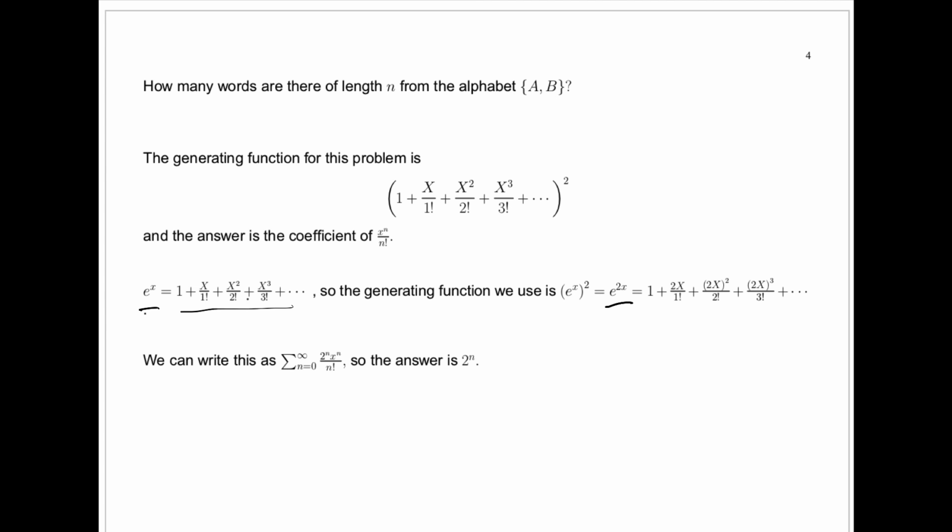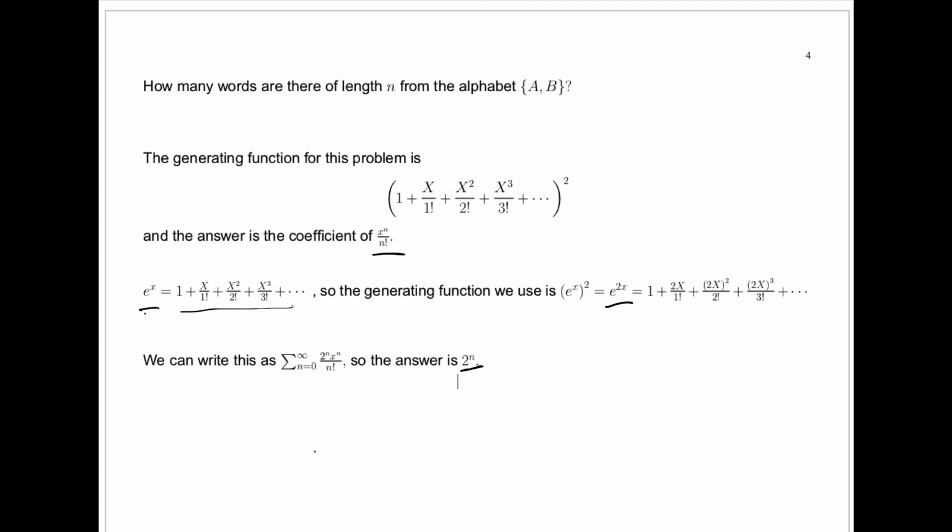We just plug in 2x in place of x in the series for e to the x, and we get 1 plus 2x over 1 factorial plus 2x squared over 2 factorial, etc. But that can just be written as a sum from n equals 0 to infinity of 2 to the n x to the n over n factorial. We just factor that 2x squared is 2 squared x squared. Here we have 2 cubed x cubed, etc. The answer to the question is the coefficient of x to the n over n factorial, which is exactly 2 to the n.